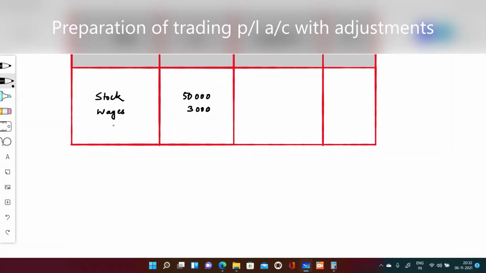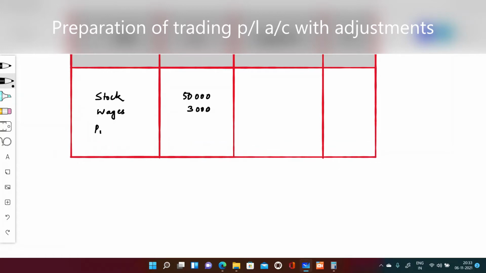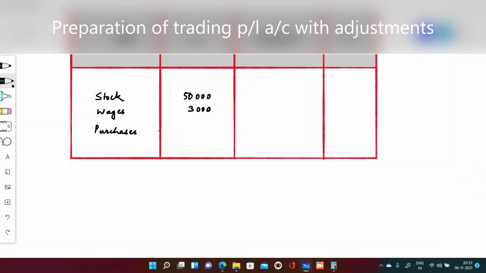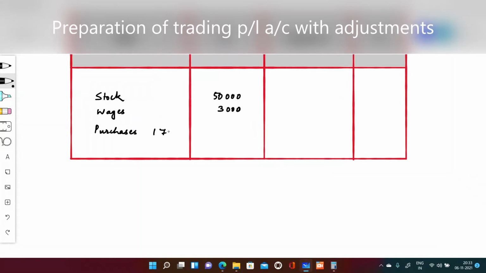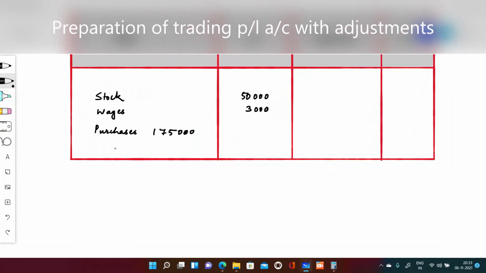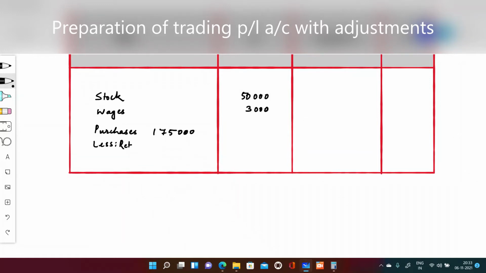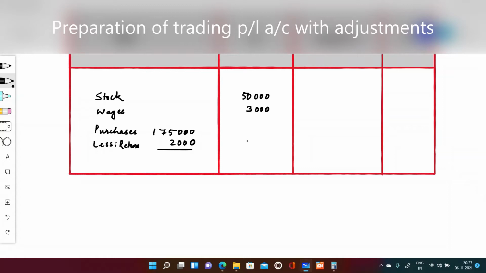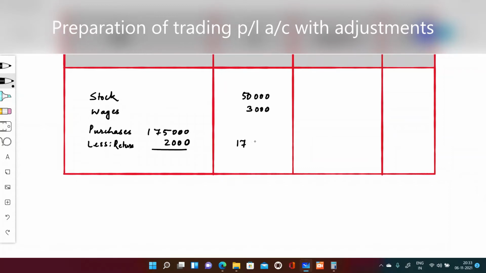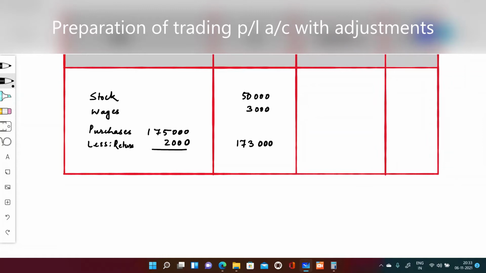Salary will go under your PL account. Purchases, we are given purchases of 1,75,000. Purchase returns are given on your credit side, so we will deduct it from purchases, that is 2,000. So now the purchases will be 1,73,000.